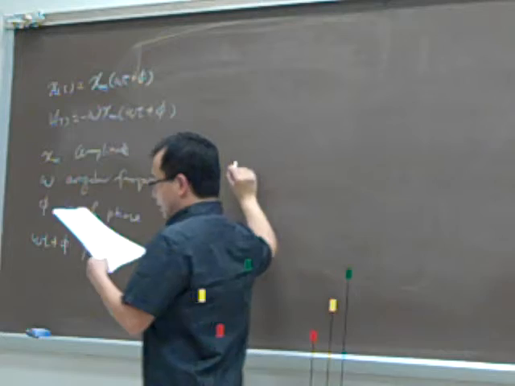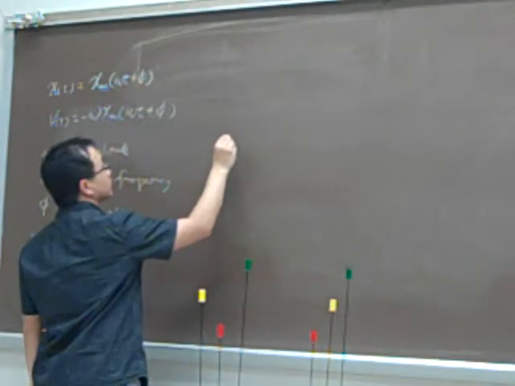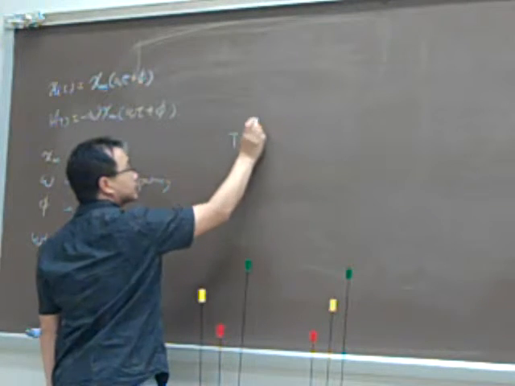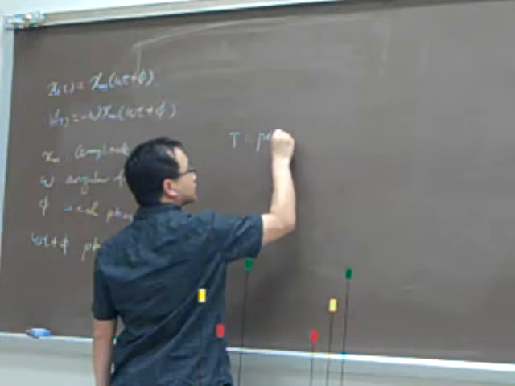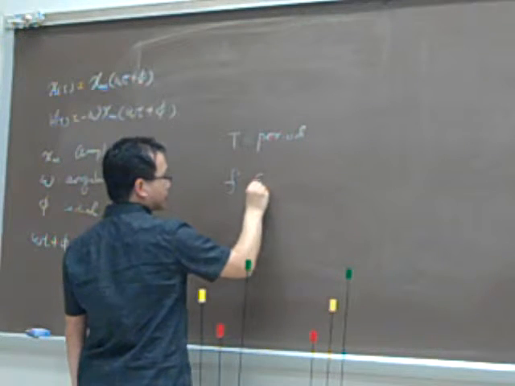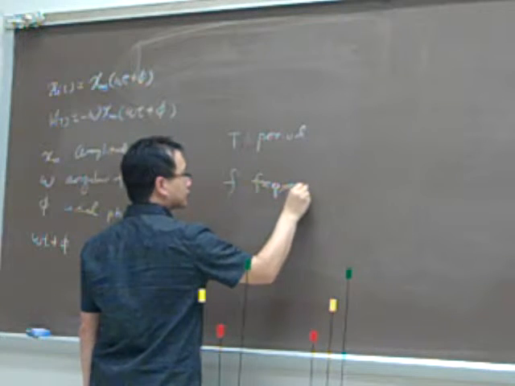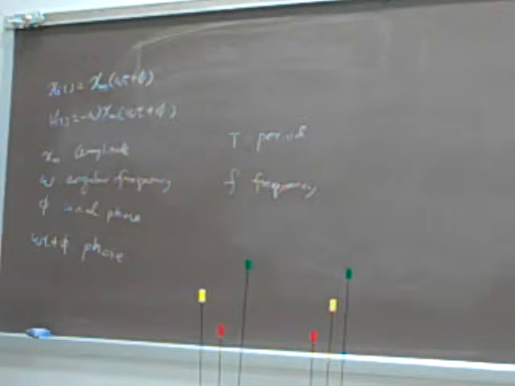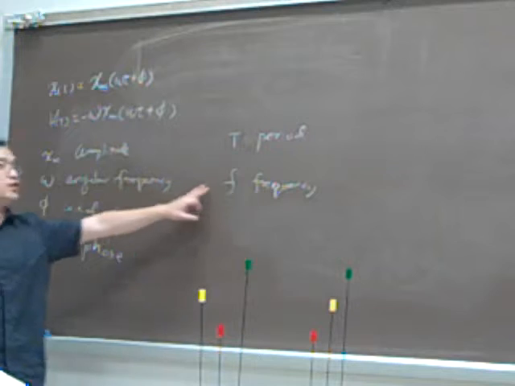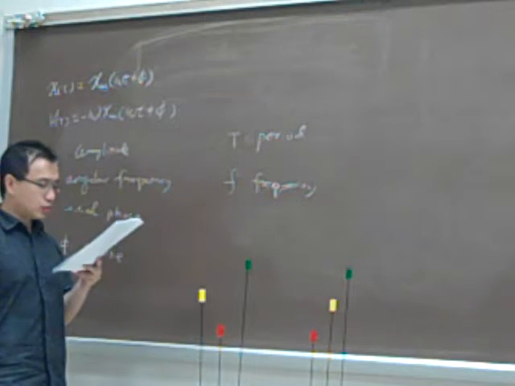Other related quantities are the period T and the frequency f. So omega is angular frequency, f is frequency. They are different things, and there is a relationship between them.